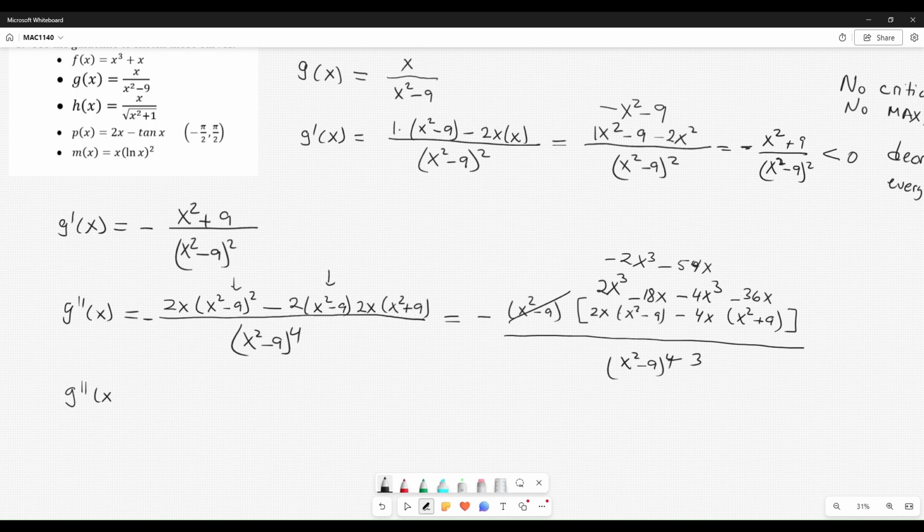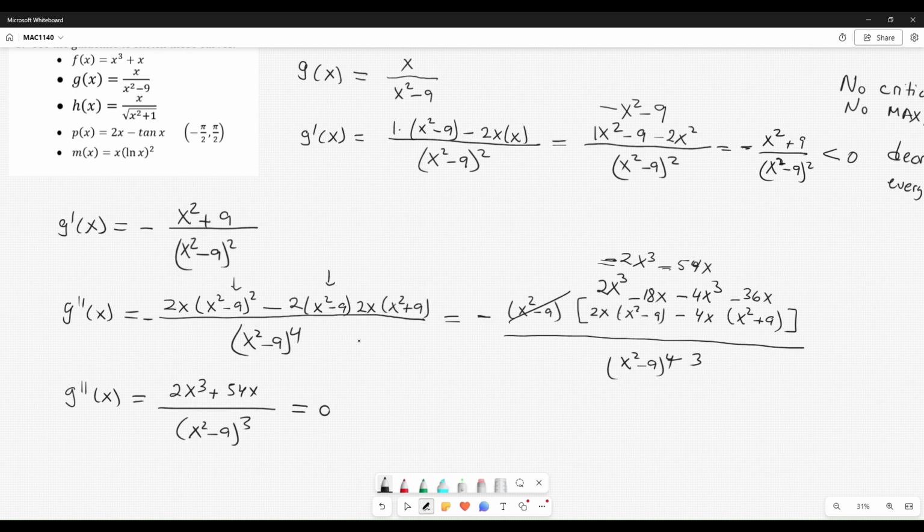Look, sometimes this happens getting the second derivative. This negative and negative and negative, you eliminate, so it's 2x cubed plus 54x positive divided by x squared minus 9 cubed. This expression represents the second derivative. Then force it to be equal to 0 to find inflection points.